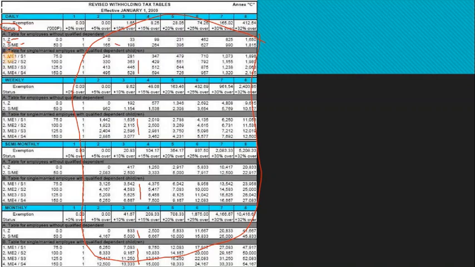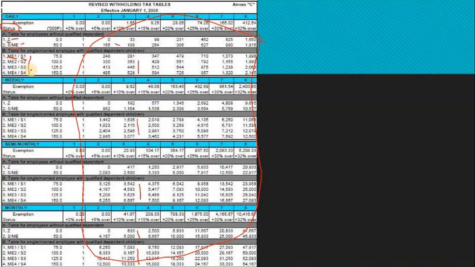Down here we have ME1 or S1. When I say ME or single 1, you can observe in the status that we have ME1, 2, 3, 4. What does it mean? You are a married or single employee with 1 to 4 qualified dependent children, but not exceeding 4.